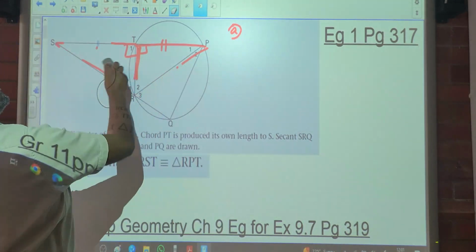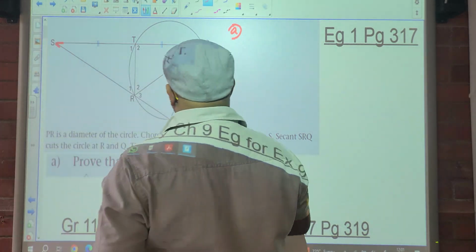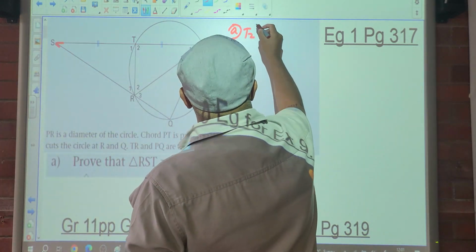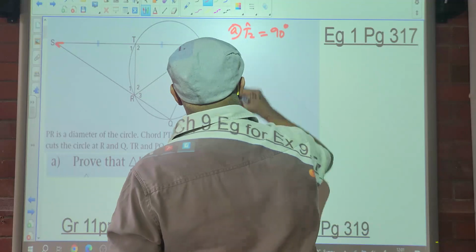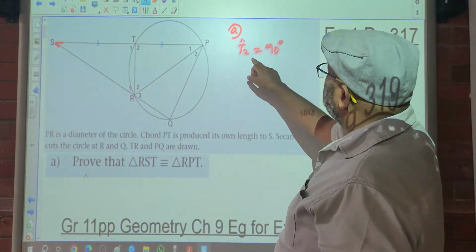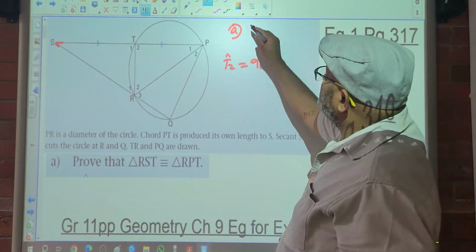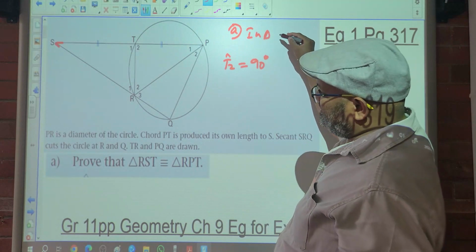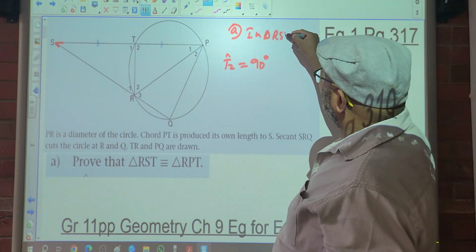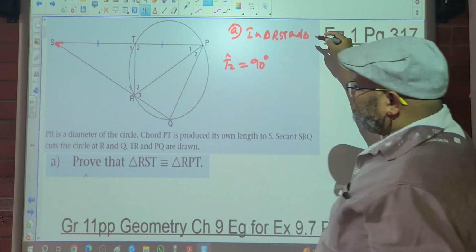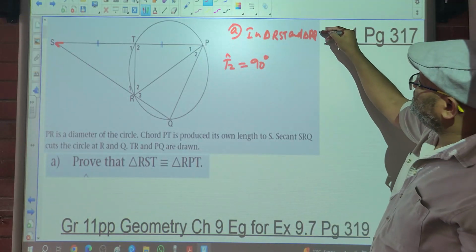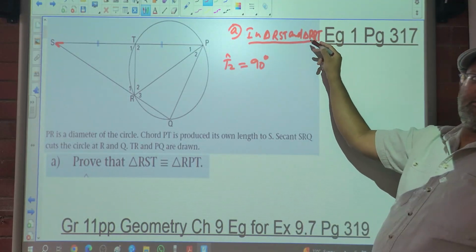Let's take this off here. So we say T2 is equal to 90. We have to start there first. Where do we actually start prior to this? We say in triangle RST and triangle RPT. Do I have to write this here?